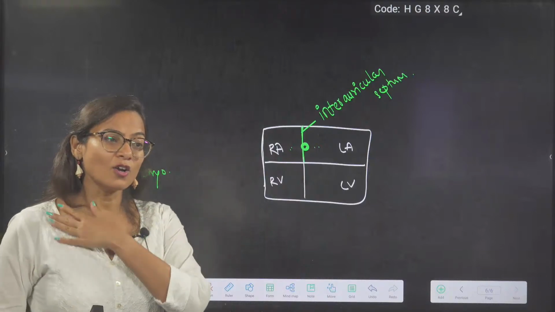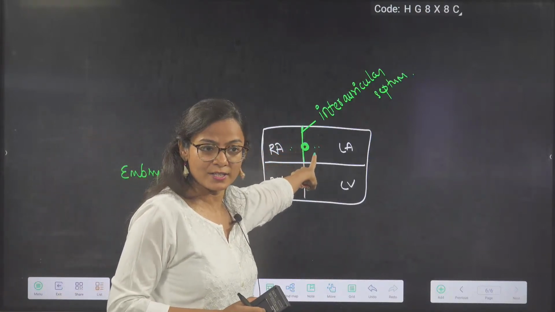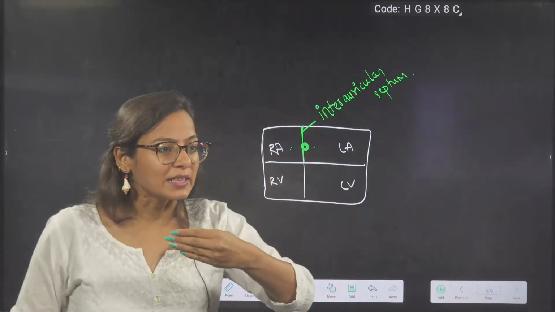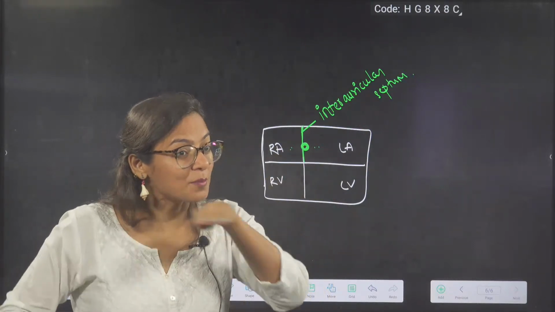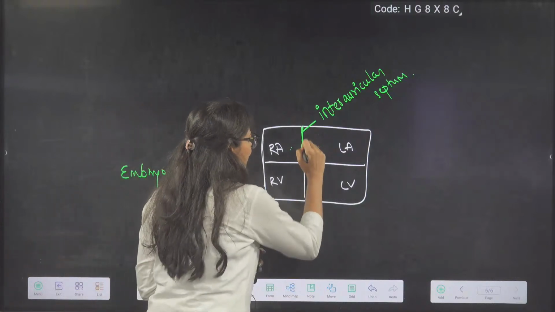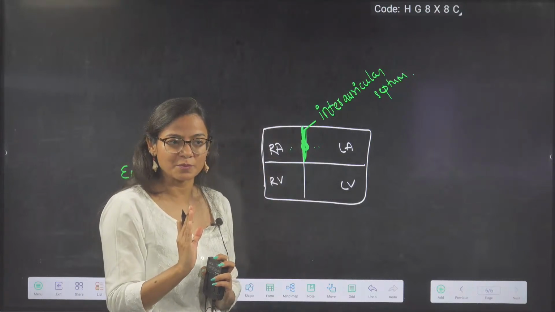But when this embryo develops into a complete baby, initially all of us had this hole in the interauricular septum. But then when the baby grows completely, this septum forms completely. That means the hole will be sealed, because the septum is forming properly after complete growth.